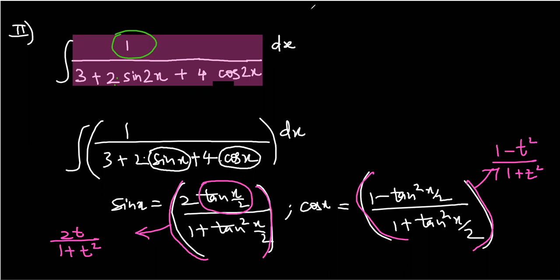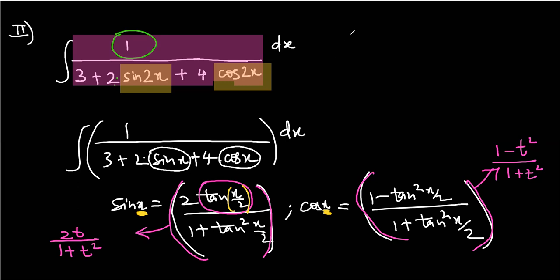We have sine of 2x and cos of 2x. So how is it going to matter? It will give us the half angle formula in terms of tan of x, not tan x by 2. When you have sine x, you write the half angle formula, you get x by 2 because half of x is x by 2.